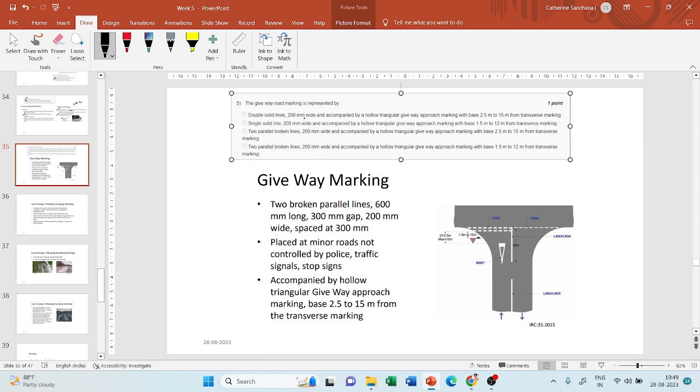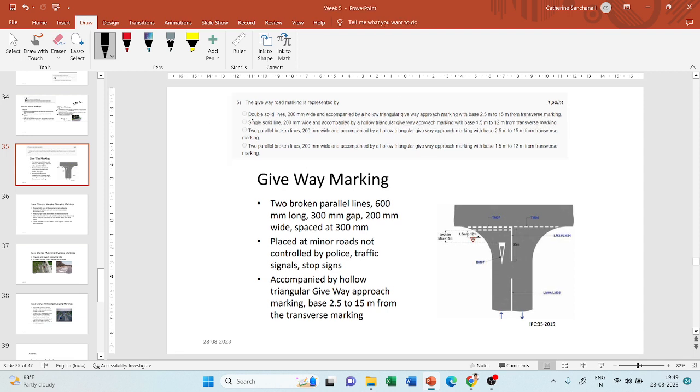Yes, 200 mm wide, accompanied by a hollow triangular give way approach marking with base 2.5 meters. Sorry, double solid lines, no, that is for stop sign, right? You provide broken lines for give way.